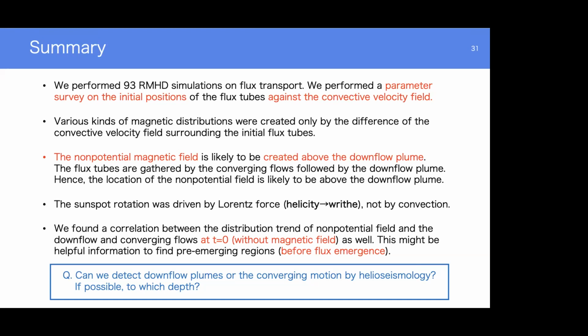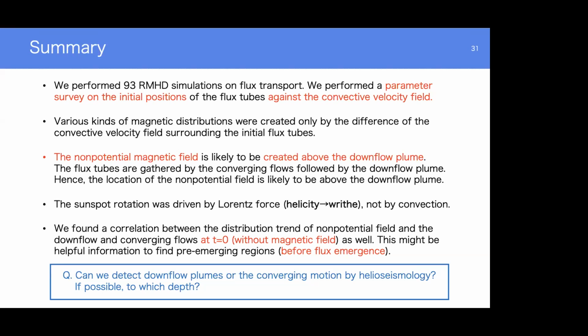But on the other hand, I'm not sure about the temporal scale. For example, in your simulation, you use a stable convective structure that doesn't change with time. But in reality, I think those structures evolve with time.